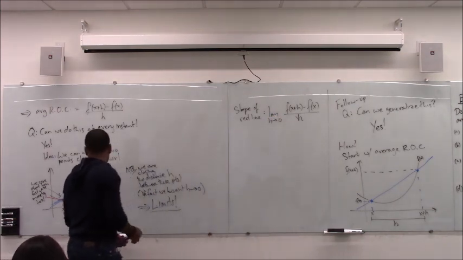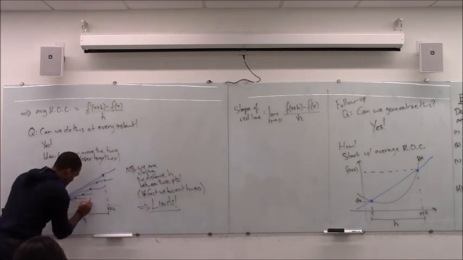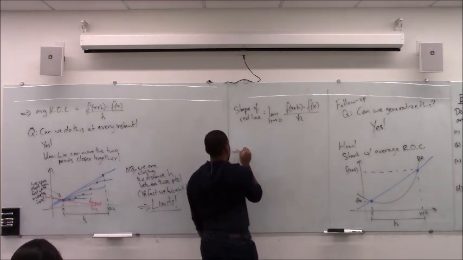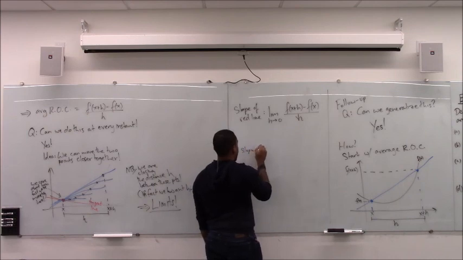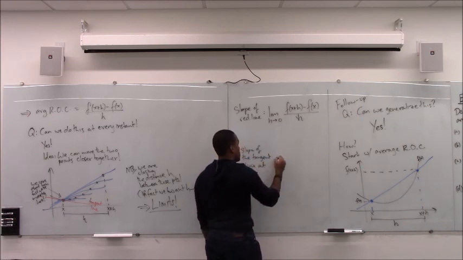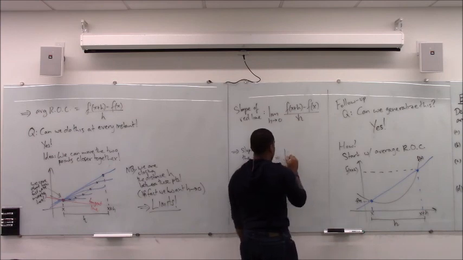Now the slope of the red line, as you might recall, that's called your tangent line. In other words, we can say the slope of the tangent line at x is equal to this limit.